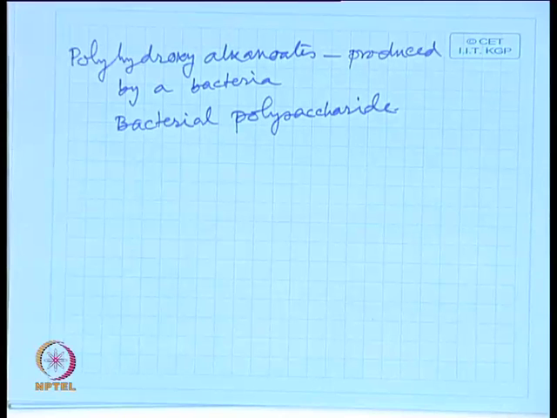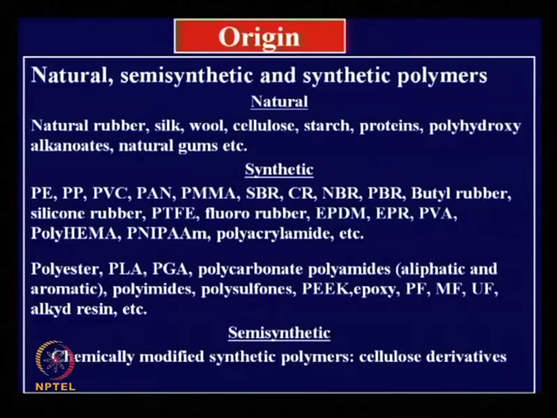This polymer finds extensive use today in the biomedical engineering field. This is a biodegradable bacterial polysaccharide, so and so forth. So, you will find plenty of examples of naturally occurring polymers which are friendly to nature, degradable by natural organisms, bioorganisms, bacteria, fungi, insects. That means these can behave as food for those microorganisms. So, they are degradable.